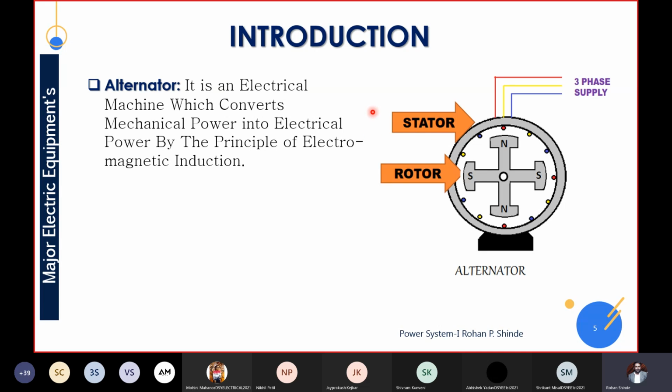Alternator start झालाय का तुमचा मशीन मध्ये? नाही. Yes or no? No, sir.